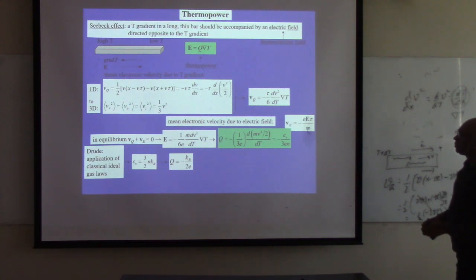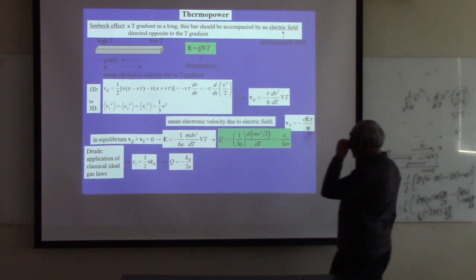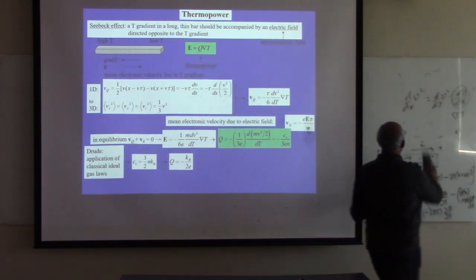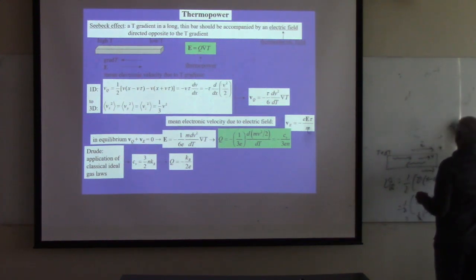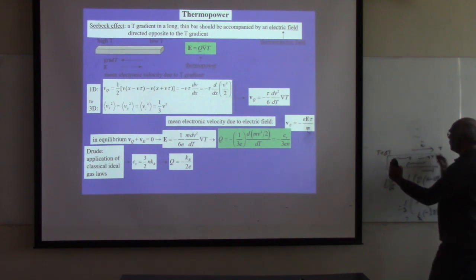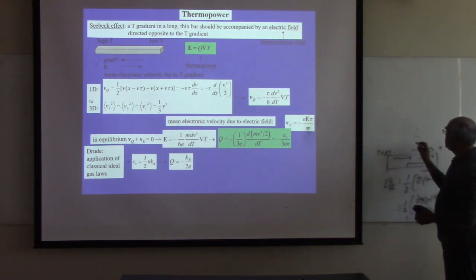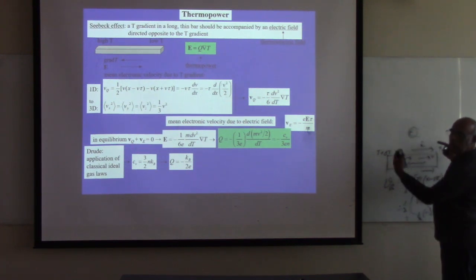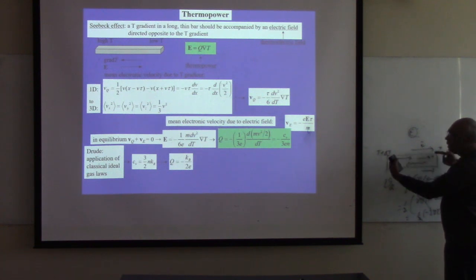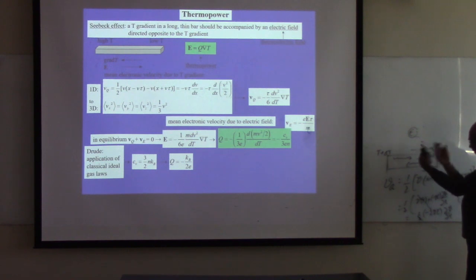So now, at the end, these electrons will move and finally they have to come to a steady state, right? That's when you introduce your thermoelectric field, right? So that field will prevent more charges from being accumulated, just like in the Hall effect, right?